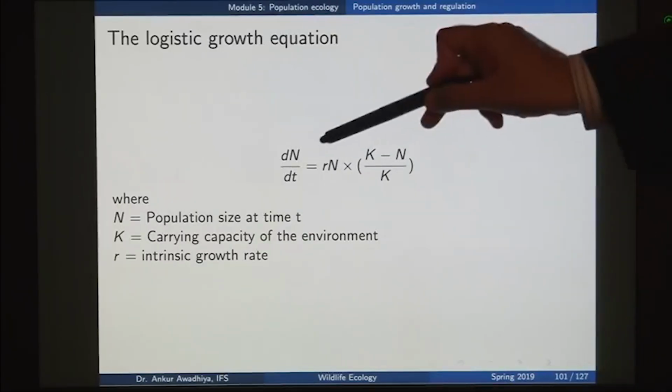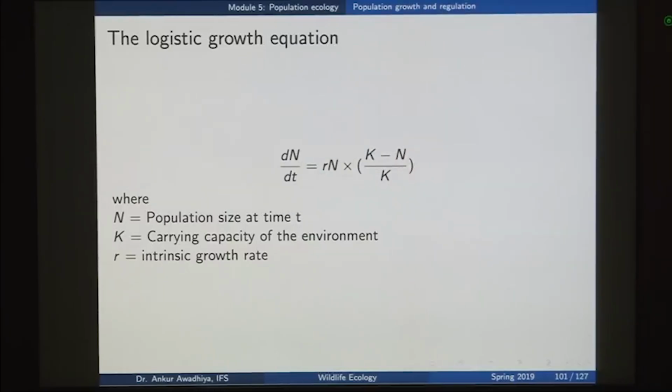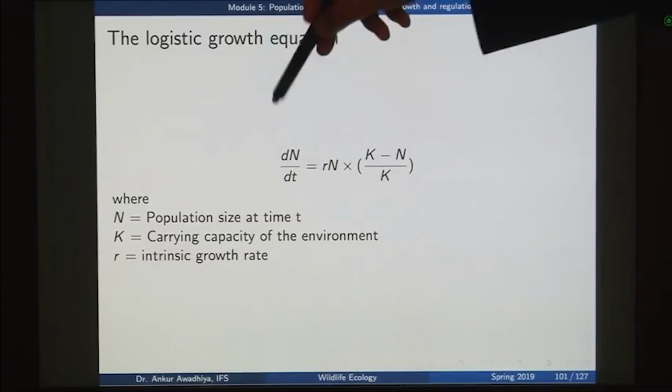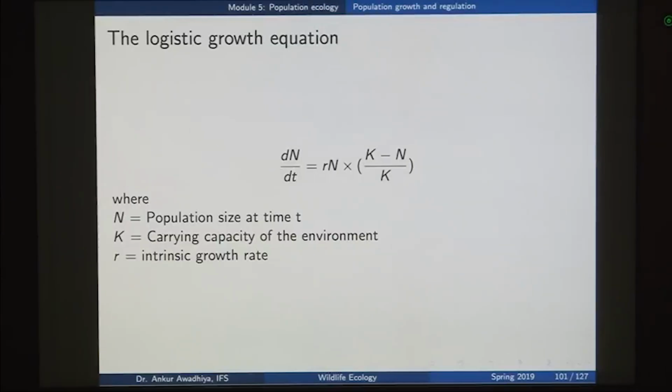So, if you have less number of individuals, the total growth in the population will also be less. If you have only 2 mice, they can only give rise to n number of offsprings. If you have 200 mice, they can give rise to much more number of offsprings. So, you have dn by dt is proportional to n. The rate at which the population will grow will depend on the size of the population, and that is related to this growth rate, which is given by r.